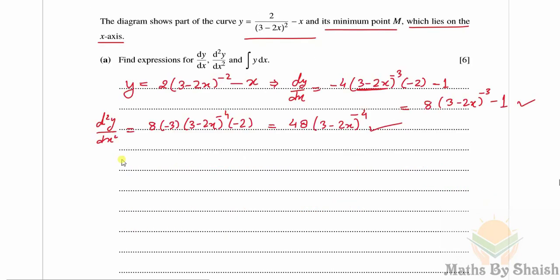That is integration of 2 times (3 minus 2x) to the power minus 2 dx, and minus, we are finding y dx, like that.